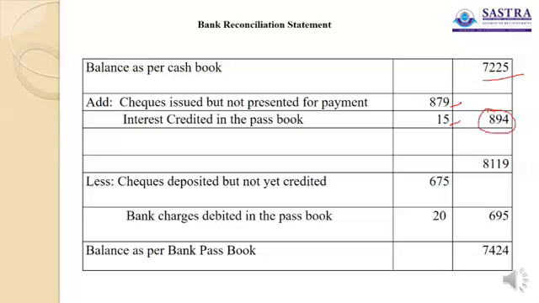And in chronological order, the first and third transactions, 675 and 20, are to be deducted from the base balance, so as to arrive at the balance as per the bank passbook. So the additions made 8119 and deductions 695, so that the closing balance, the balance we require, is the passbook balance.